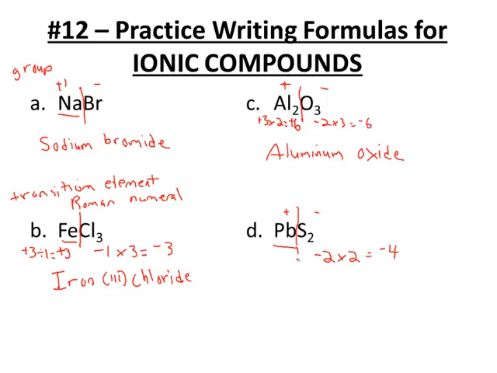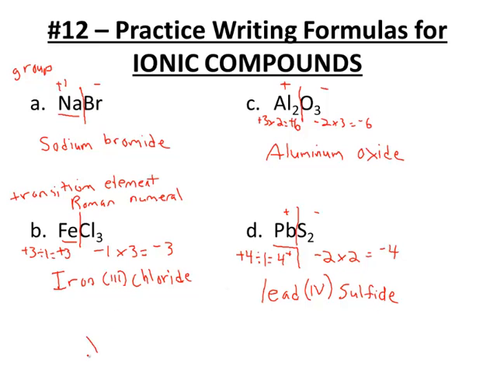So that means that on the other side, lead needs to be a plus 4 to balance out. We have 1 lead, so divided by 1, lead needs to be a plus 4 charge to balance the minus 4. So lead, Roman numeral 4, and then sulfur, remember, is sulfide when it's in our ionic compound or as an ion.